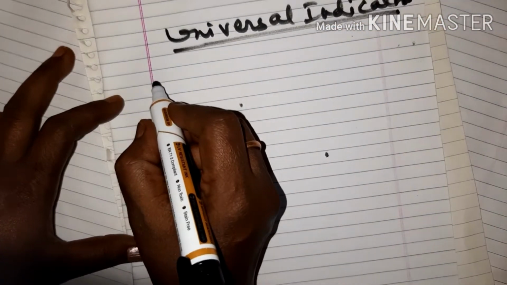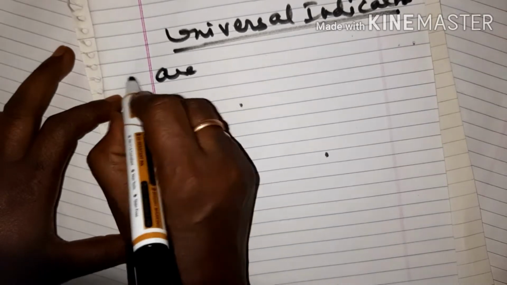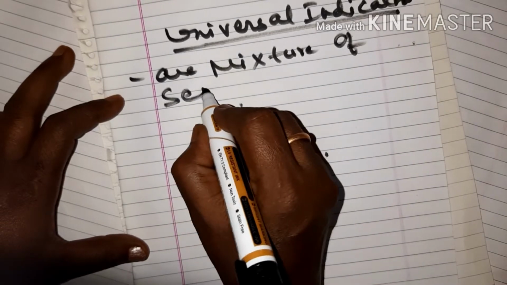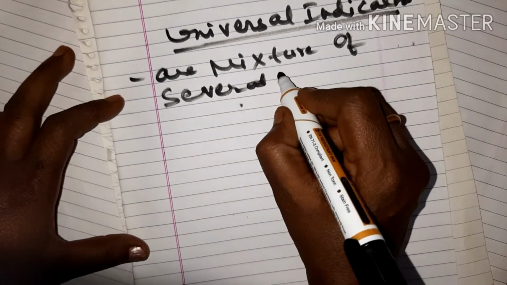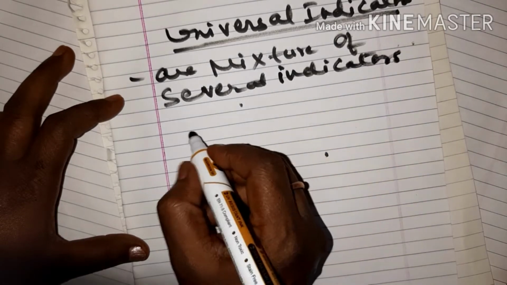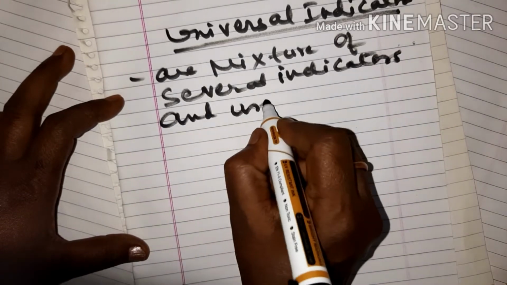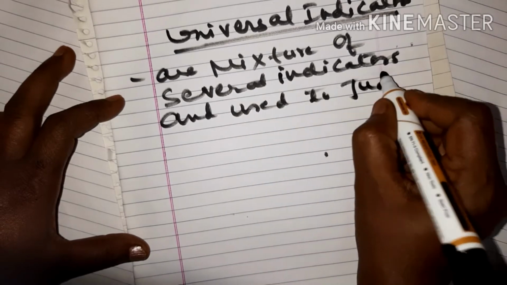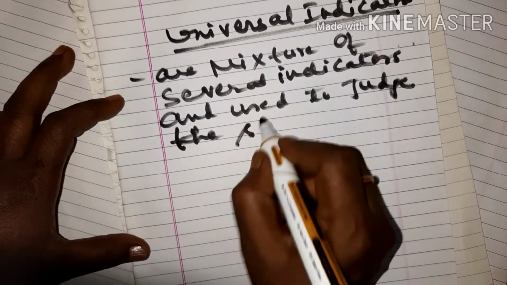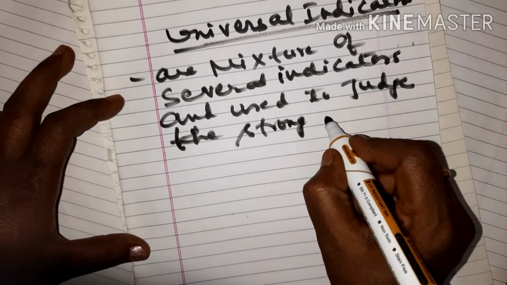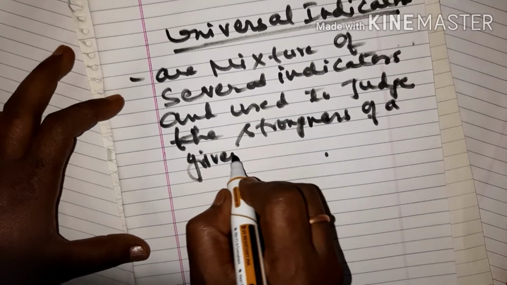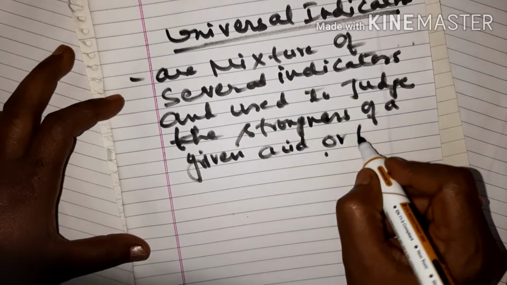Universal indicators are a mixture of several indicators and used to judge the strength of a given acid or base.